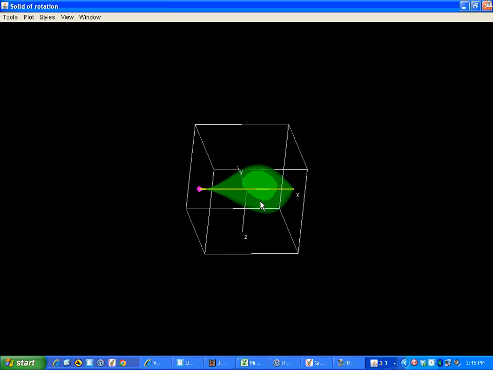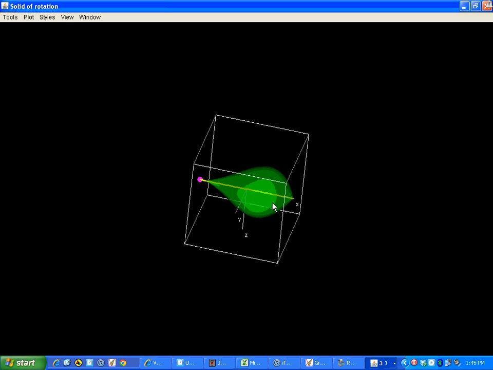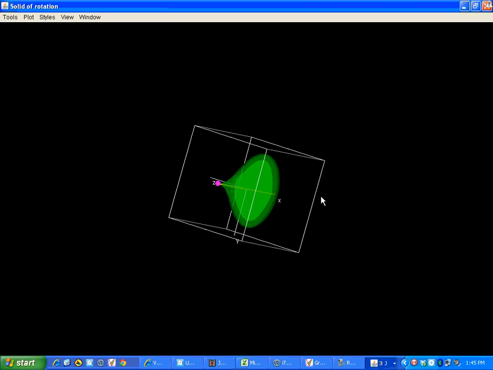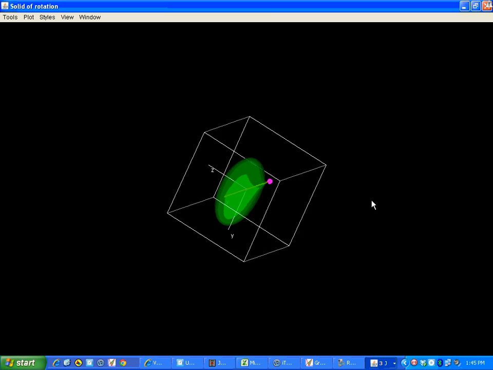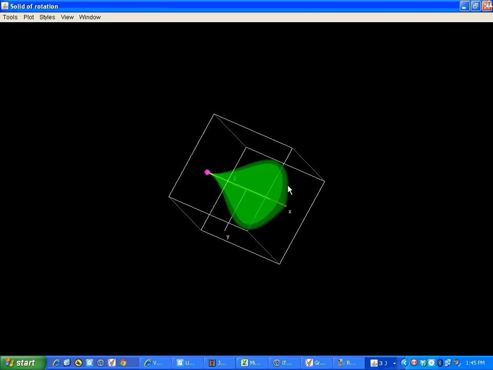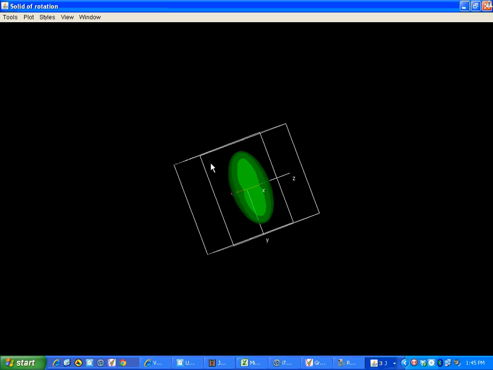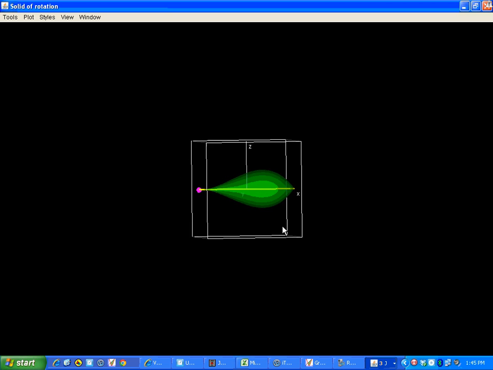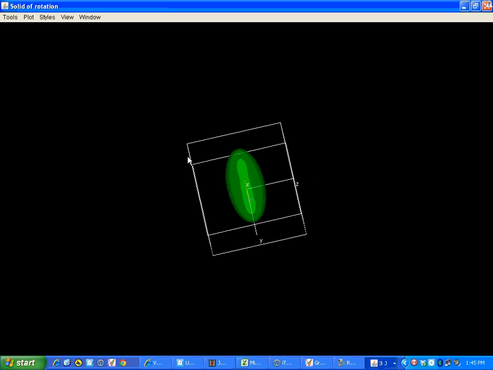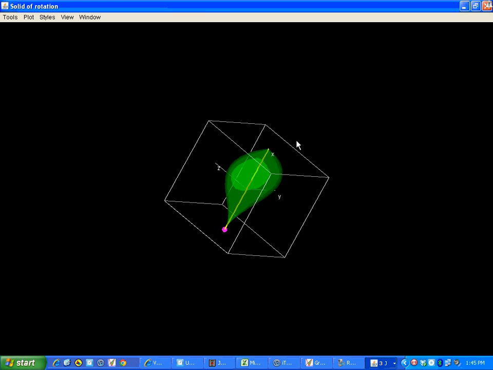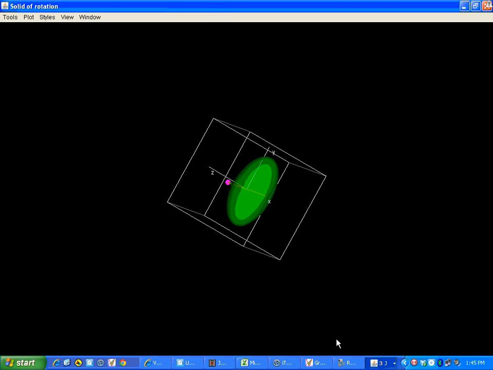So it spins around and makes this solid green shape, and you can see some depth if I spin this around. I've got this solid mass from rotating the area under a curve, and I want to know the volume of this shape.